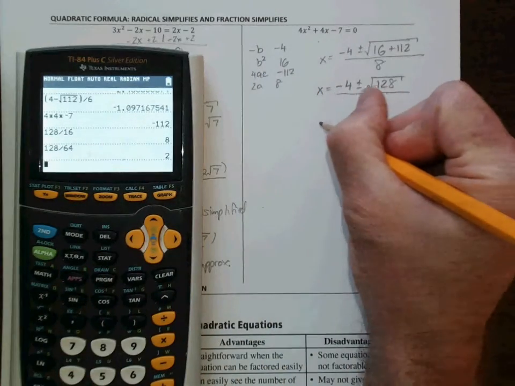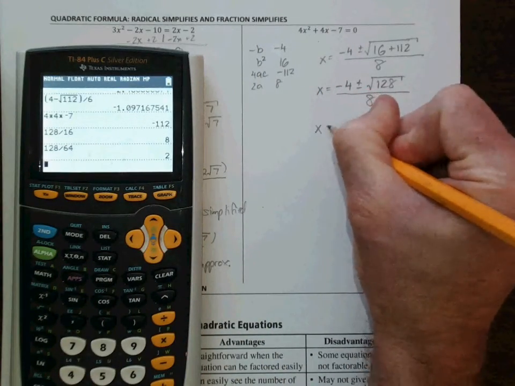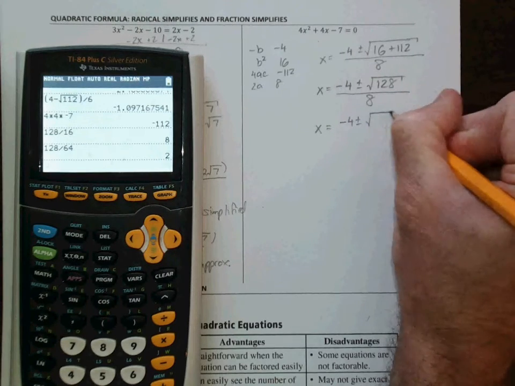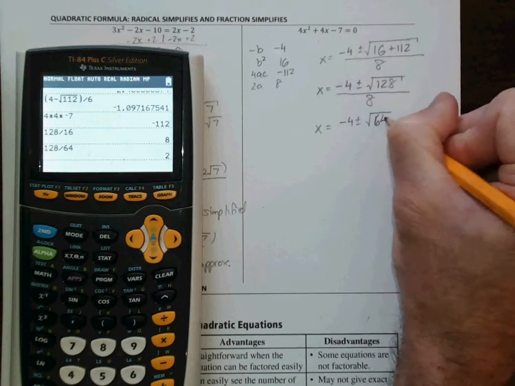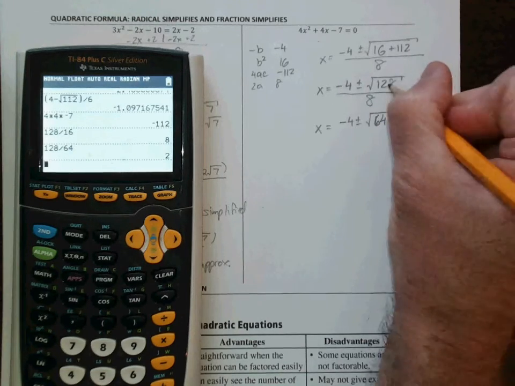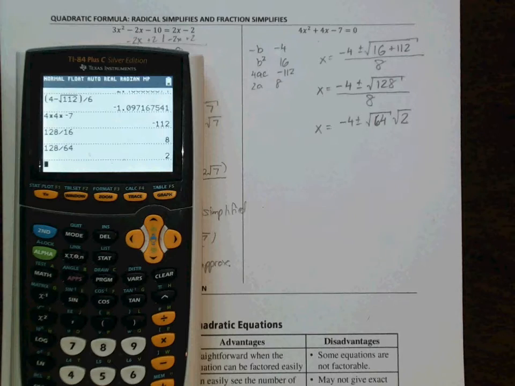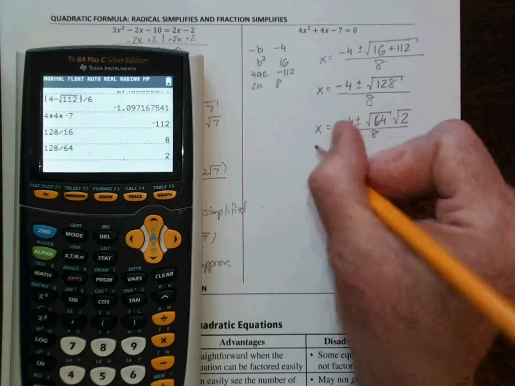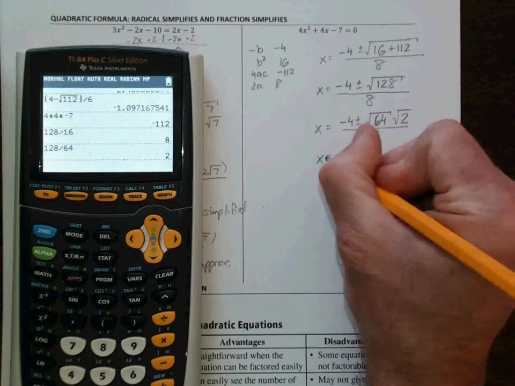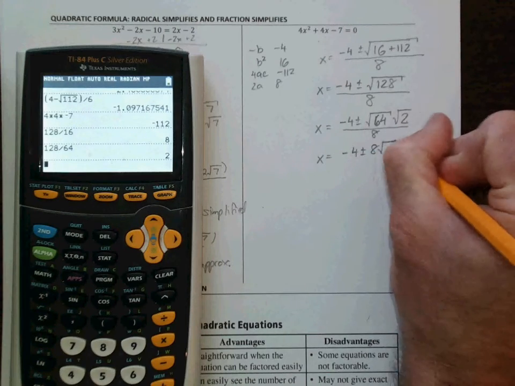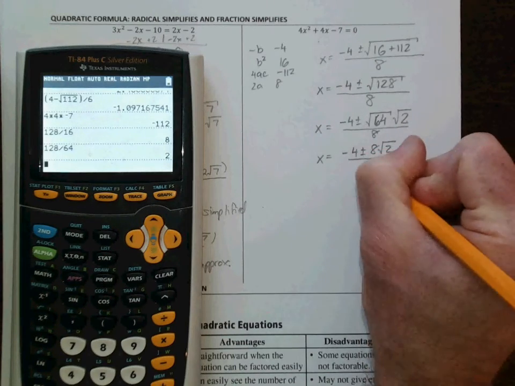So if we have x is equal to negative 4 plus or minus the square root of 64 times the square root of 2, because 64 times 2 is 128. You can break the square root up at that multiplication, all over 8. X is equal to negative 4 plus or minus 8 square root of 2 all over 8.